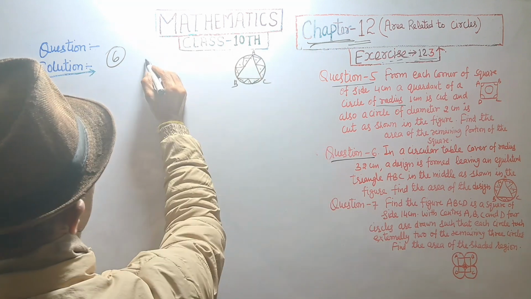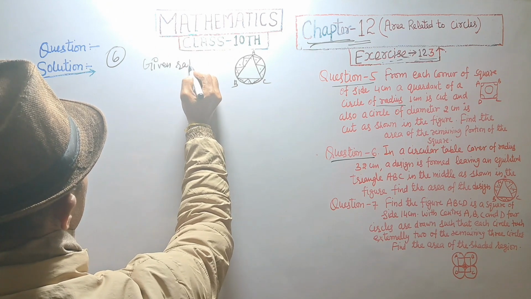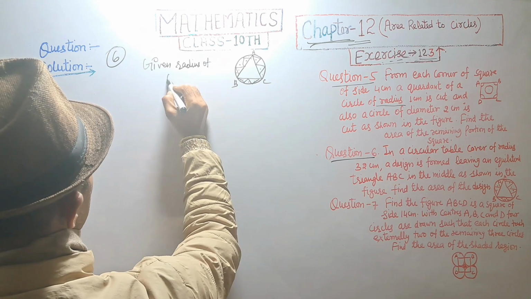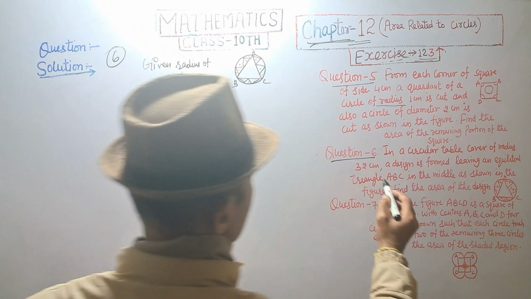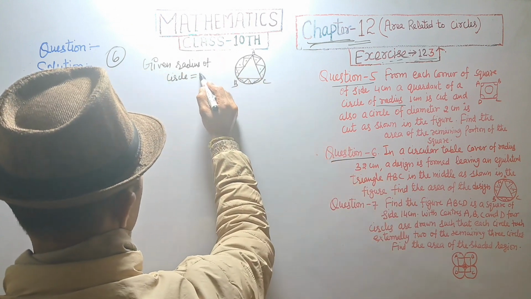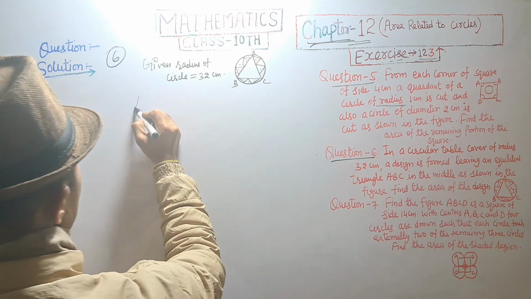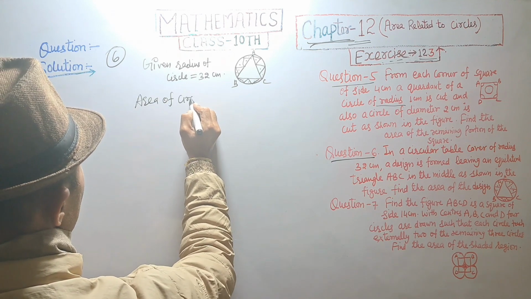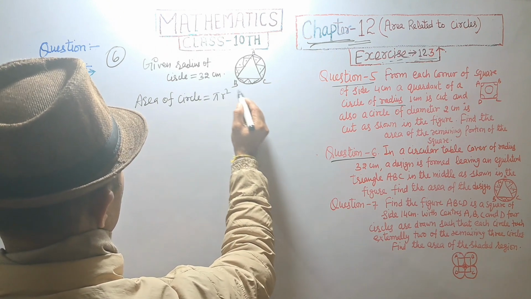ABC. Given radius of circle is equal to 32 centimeter. Area of circle is equal to pi r square.